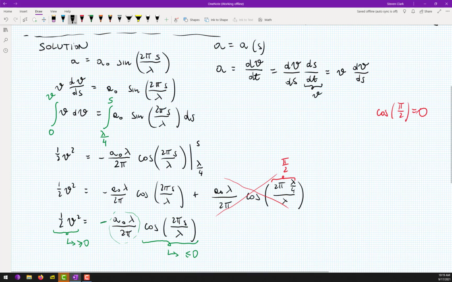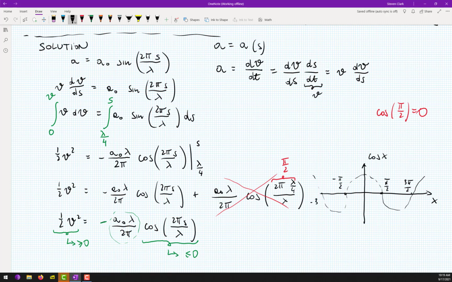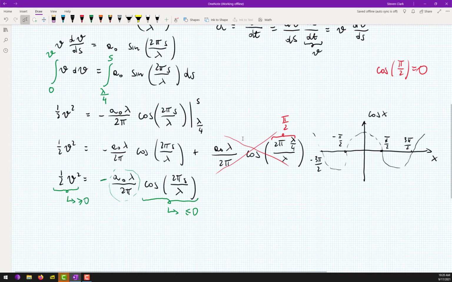So let's draw cosine very quickly. If I remember correctly, this is how cosine looks. This is x, cosine x. This is pi over 2, this is 3 pi over 2, this is minus pi over 2, and this is minus 1.5 pi. So basically, our argument, 2 pi s over lambda, has these bounds.